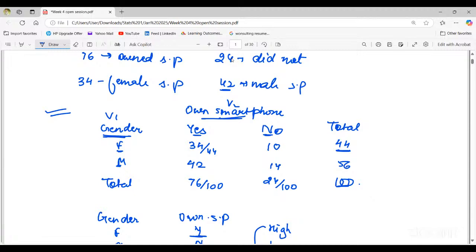This is the row relative frequency. So what is row relative frequency? We are just dividing each cell frequency in a row by its row total.